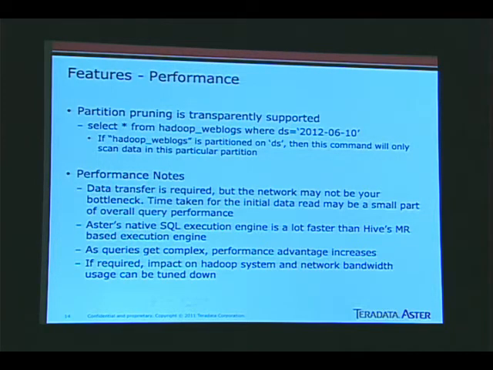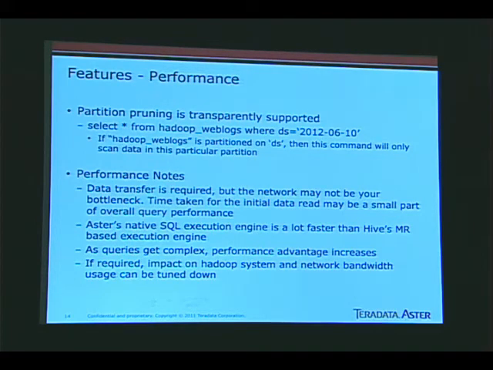Typically, the initial data read is pretty quick, but then you have a long workflow with multiple MapReduce jobs that have to do a lot of intermediate storage, intermediate representations, and multiple transformations, and that takes a whole lot longer than that first read. So the only thing this impacts, even if your network is slower than your disk, is the first disk read. And we believe that the rest of the steps are substantially faster.